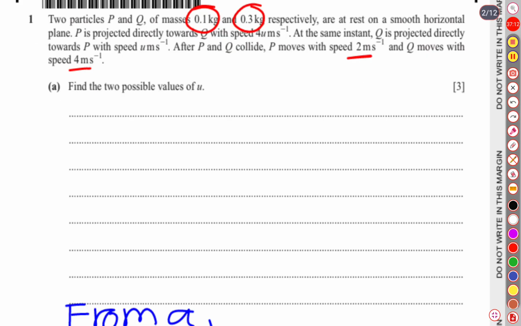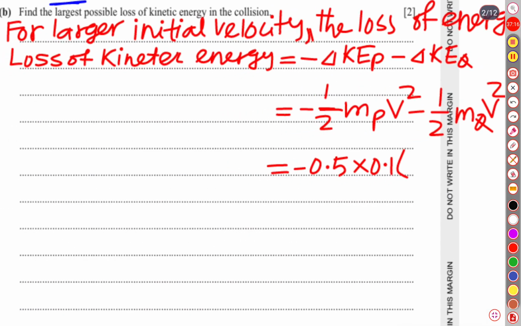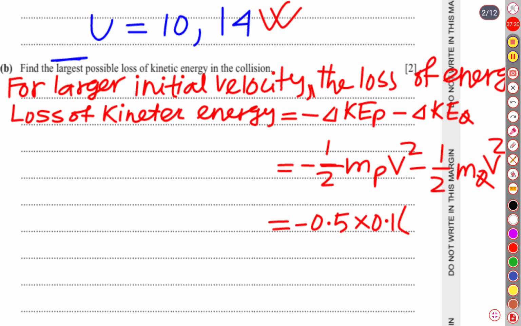So let us substitute these values. The final velocity was 2 meter per second, so 2 square. Remember, for v square we use the square of the final velocity minus the square of the initial velocity.